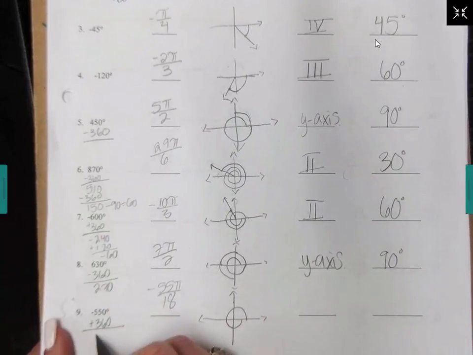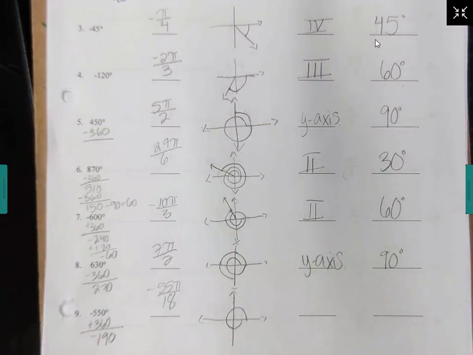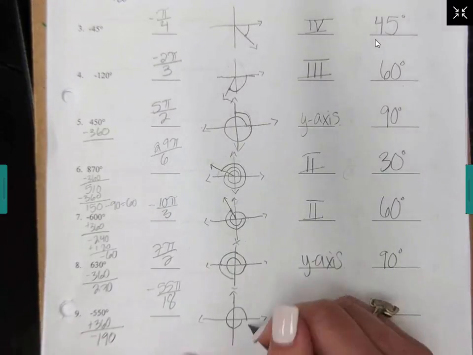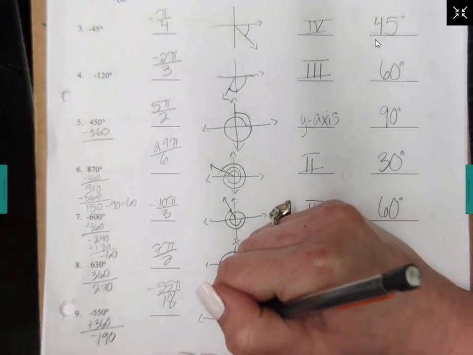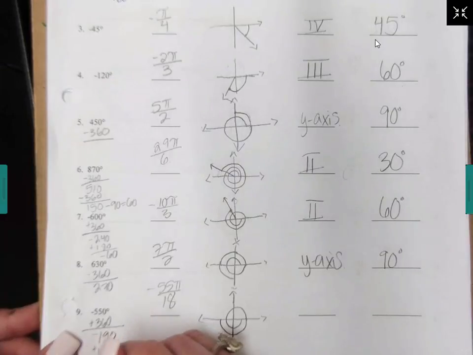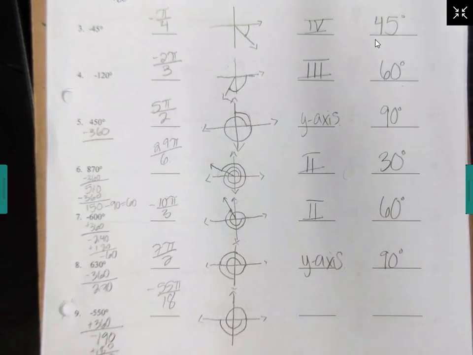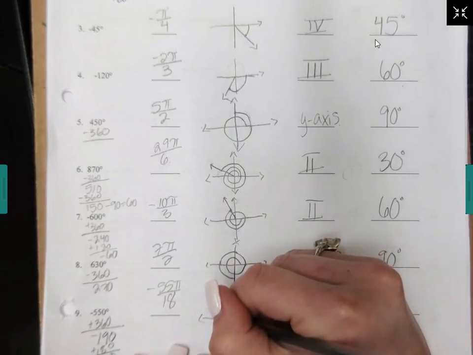Negative 190. Okay, what's close to negative 190? 180, which is half the circle, so we know we can go 90, 180, okay? So what does that leave us with? How many more? 10 to go.